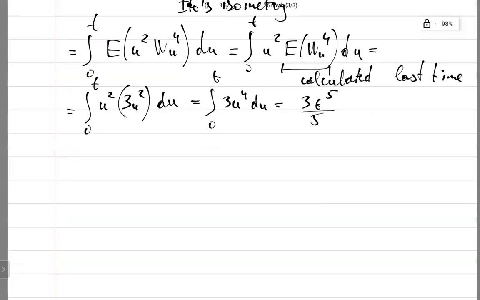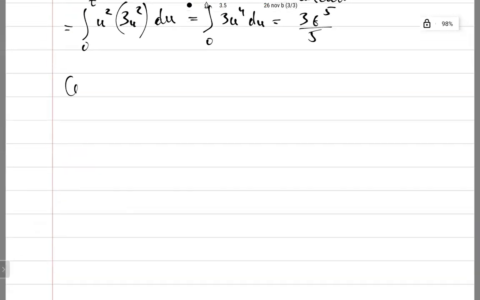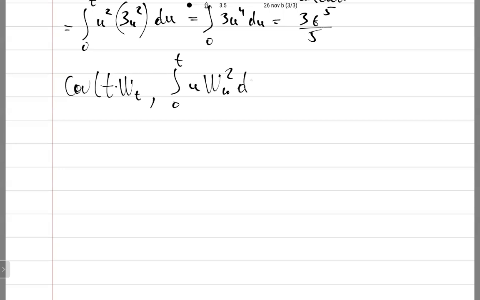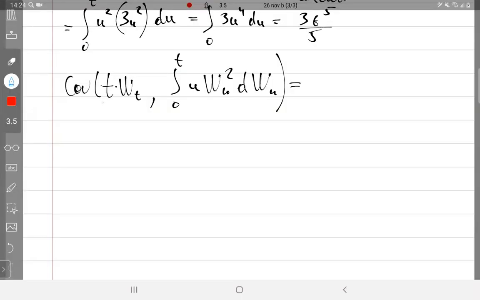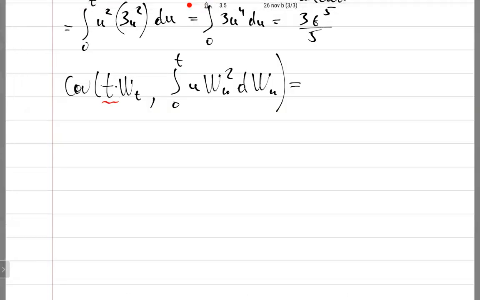Now for the most difficult part, we need to calculate the covariance of t times W_t with the integral from 0 to t of u times W_u squared dW_u. First, once again, this t is non-random. It's a moment of time.